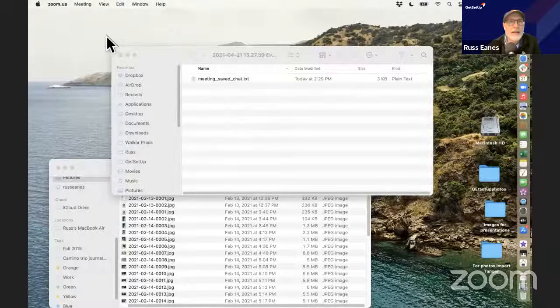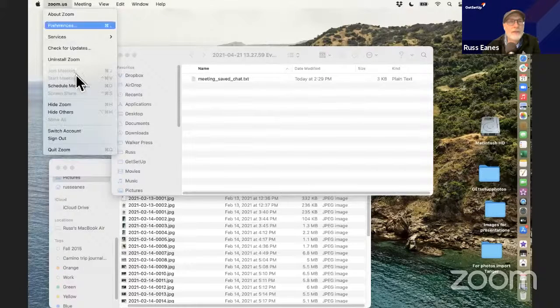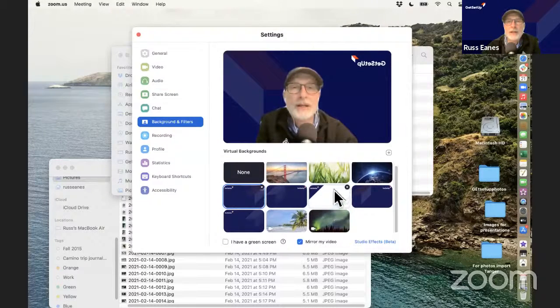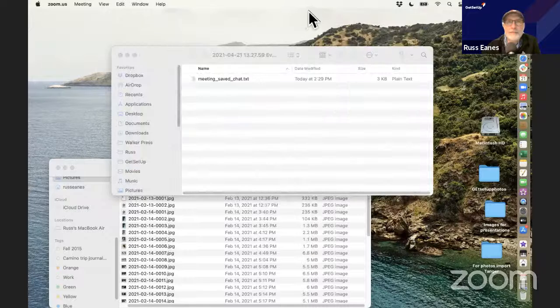So when I do it, this is what I get right here. I go to preferences, background filters. None of mine say blur. Yeah, I guess that's the problem. I can add one. Well, we won't worry about it. We'll just stick with blue for tonight.